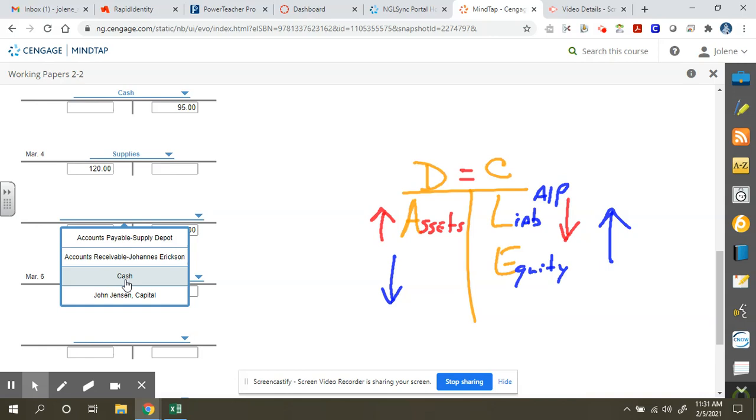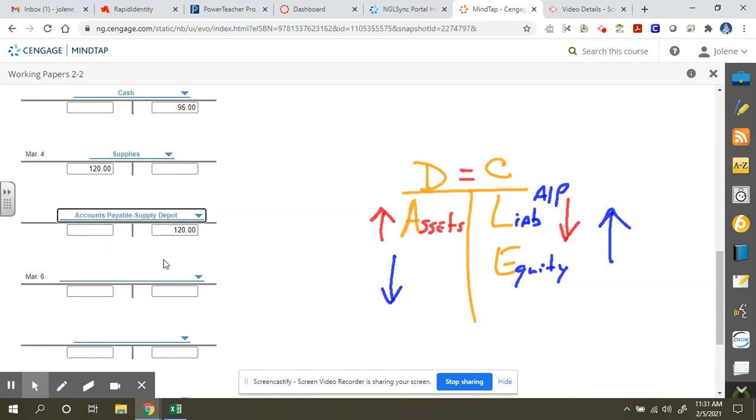He said, I'll pay you later. Well, that's a liability. That's an accounts payable. So the only accounts payable on here is Supply Depot. And that's what the transaction says in the book. Supplies went up. We got more supplies. But now he is in debt to Supply Depot to pay them $120. So his liability went up and his asset went up.